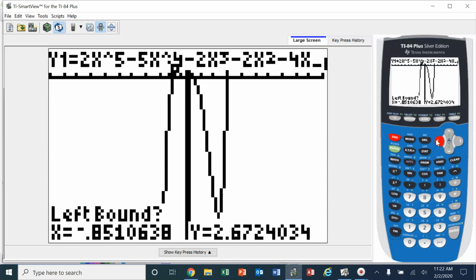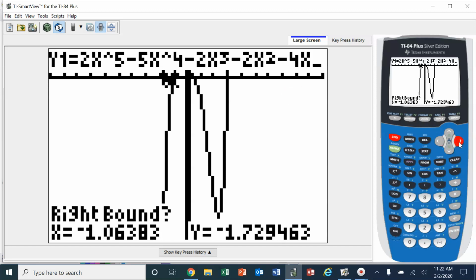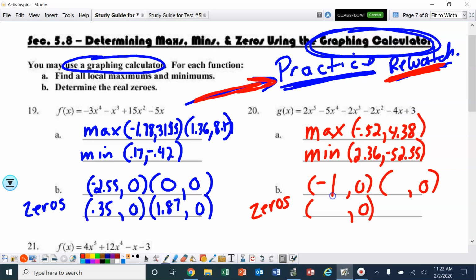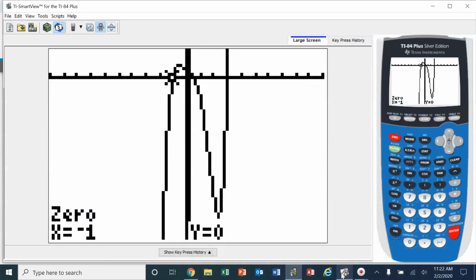Now to be on the left side of that, I need to be below the x-axis. Hit enter once. Move it above the x-axis, I'm above, hit enter twice. And oh good, it didn't give us a weird E for the Y. So there's one zero at -1. Boom.